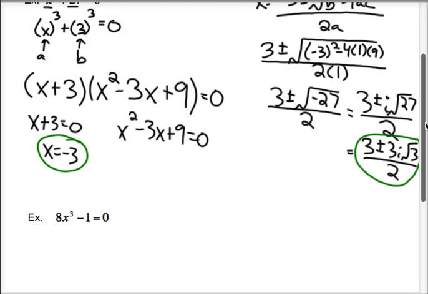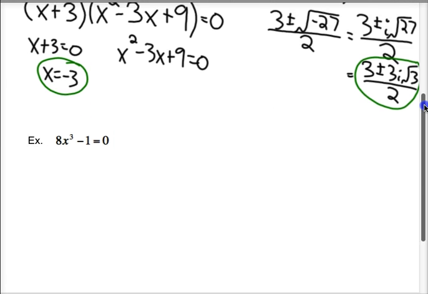Because once you do the sum or difference of cubes, now you're stuck with having to use a quadratic formula. So these do get to be lengthy problems. However, as long as you follow this process, you're looking at that formula, and then you know to use the quadratic formula, you should be able to be successful doing this. Now, let's do one more example together.